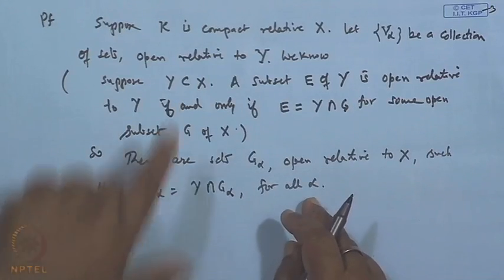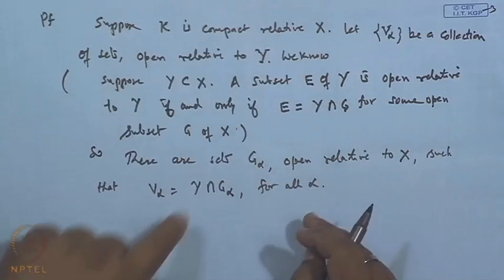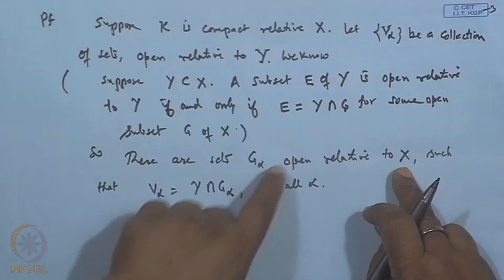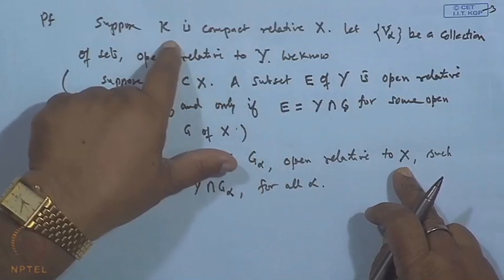Now, what is given is K is compact relative to X. So, G alpha is an open set relative to X. So, this open cover will have a finite subcover.